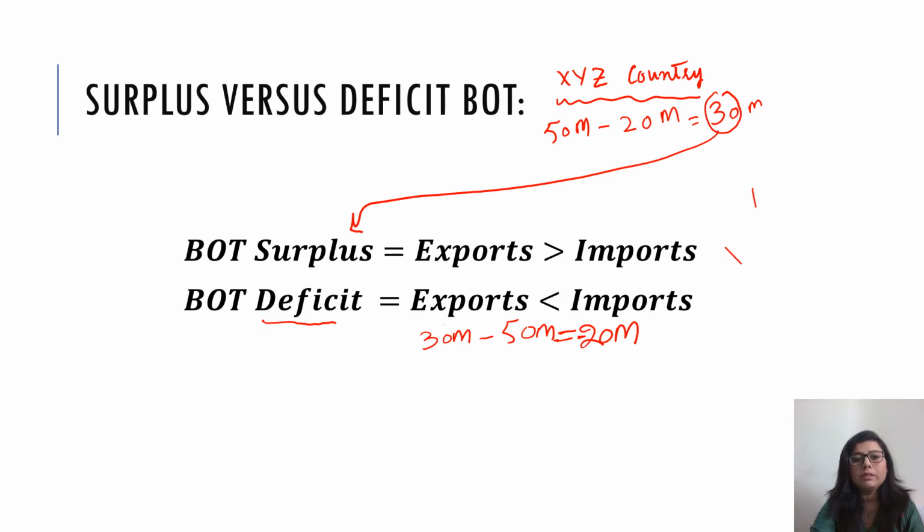This minus sign predicts that the balance of trade is deficit. That is not a good sign for a country because money is going out of the country more and more, but the money coming into our country is very little. So that is not a favorable situation.